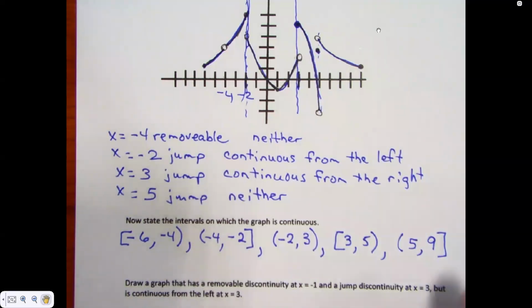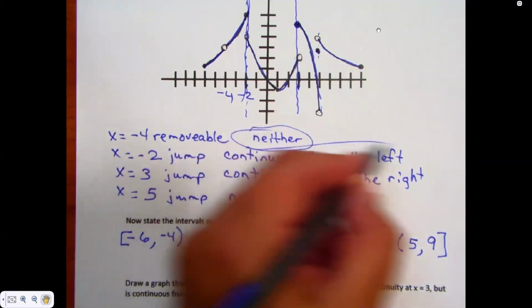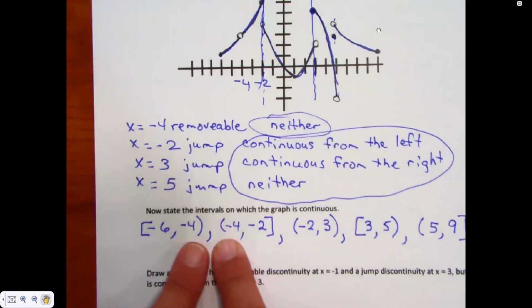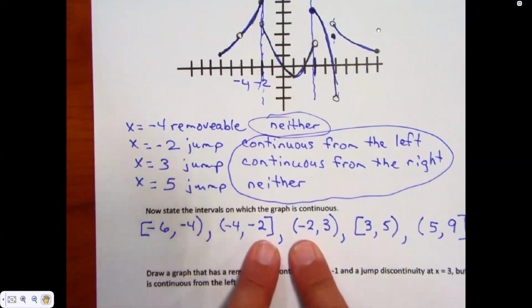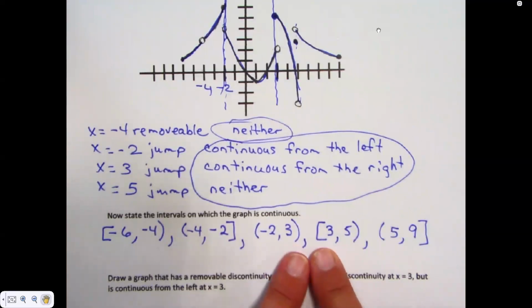But notice, and here, this will kind of take care of this stuff too. Do you see how -4 is neither? Because we use parentheses. -2, a bracket on the left, so continuous from the left. 3, oh yeah, I'm like, wait a minute, but this is a bracket.